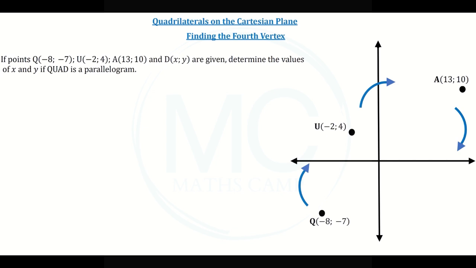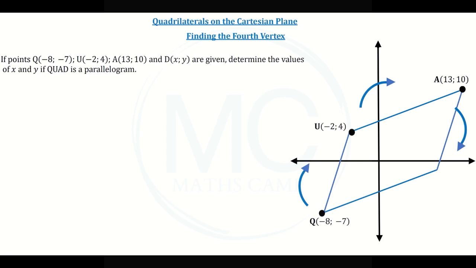So let's say that UA is one side of the parallelogram, which means that QD must be the opposite side. The line from Q to U will be another side of the parallelogram, which means that AD will be the opposite side. Now we have a general idea of where D lies.